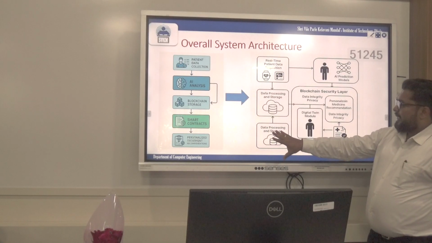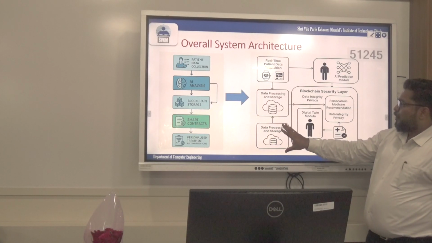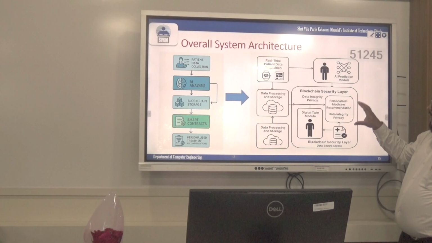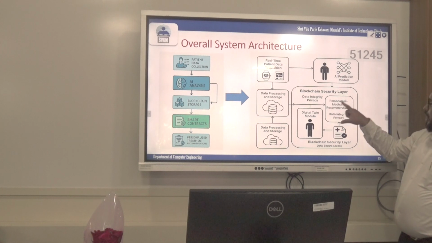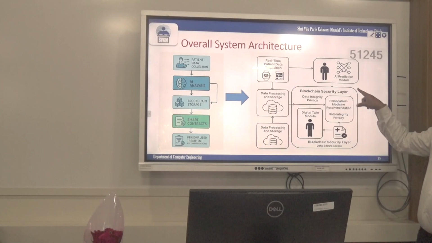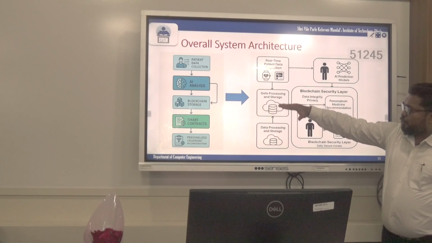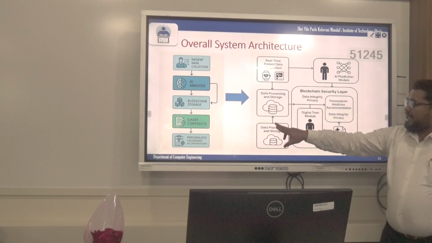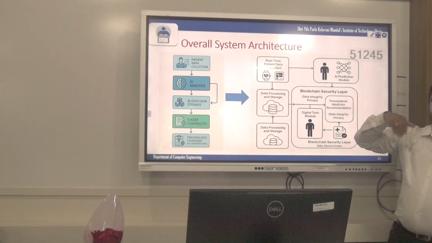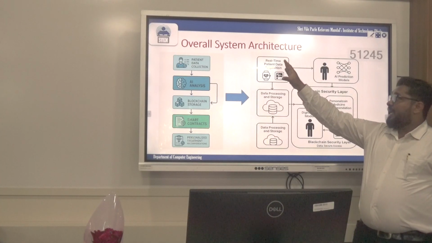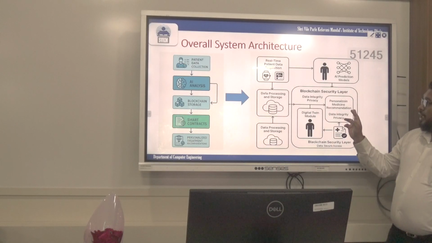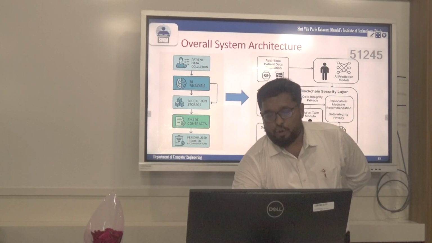First we do the data processing and storage. This storage is done in a blockchain security layer, then the digital twin and personalized medicine recommendation, and data integration. If you see, there are two data processing blocks here. Whatever outcome comes after your real-time data and AI prediction is stored again into your data processing. So this is the overall architecture.